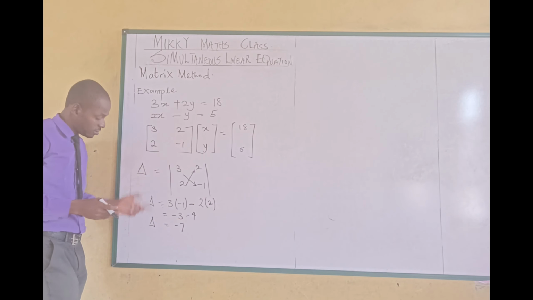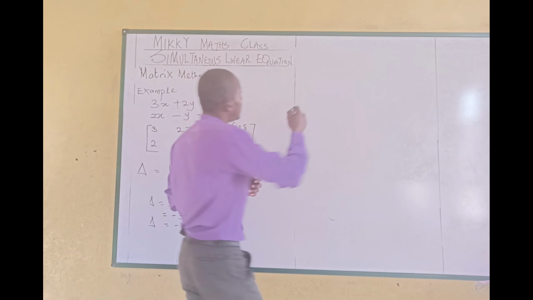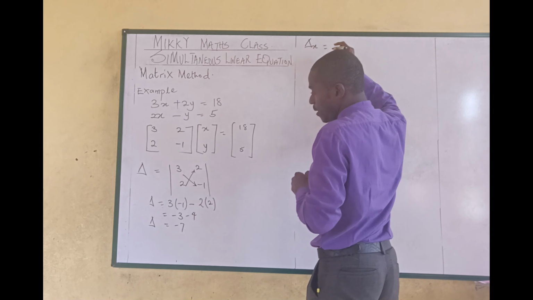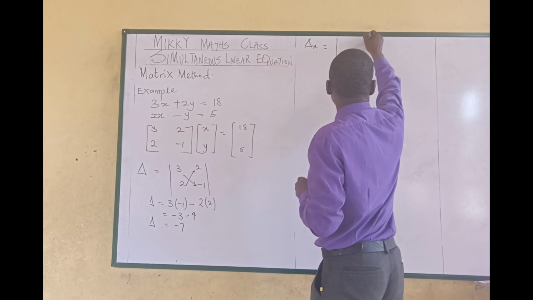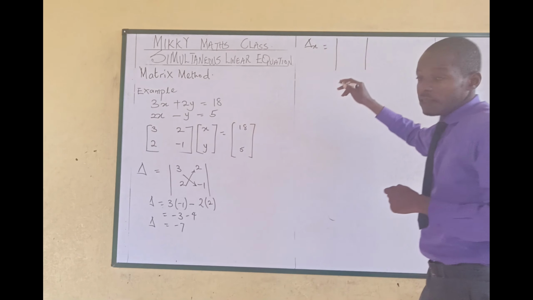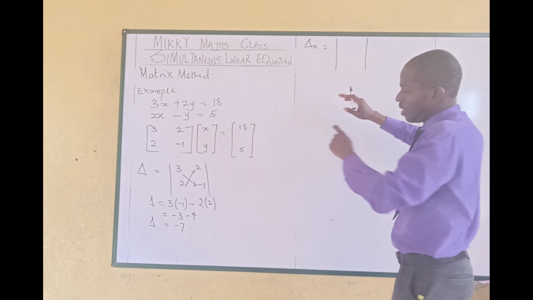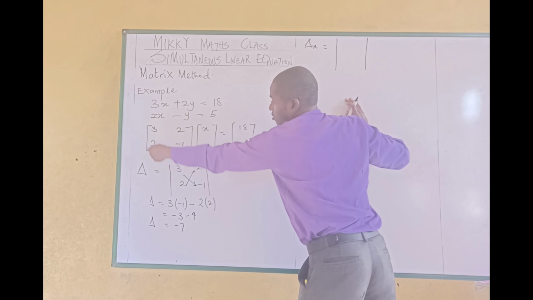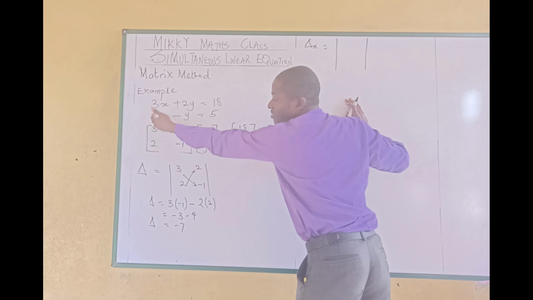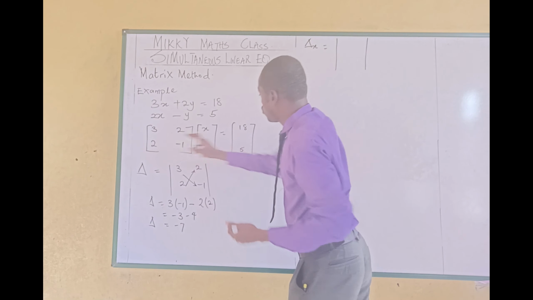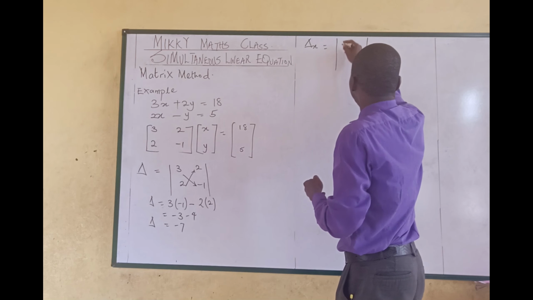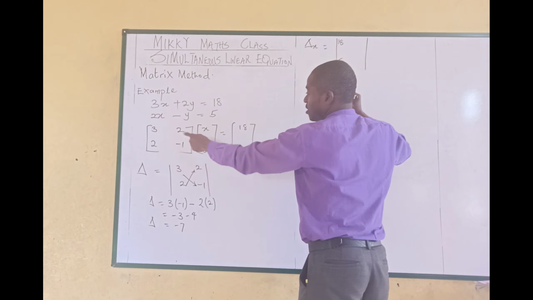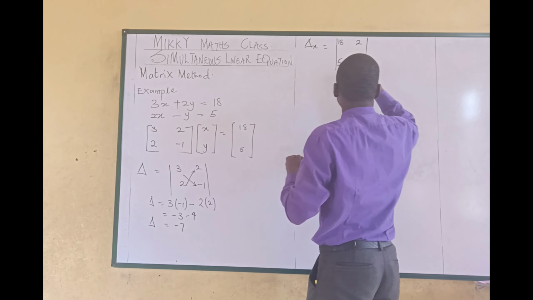So delta x will be a 2 by 2 matrix with 18, 5 in the first column, and 2 and minus 1 still there.